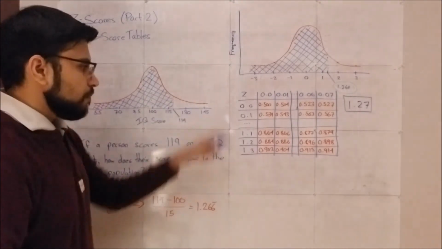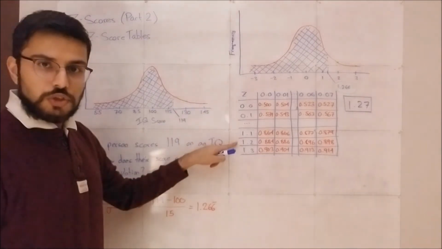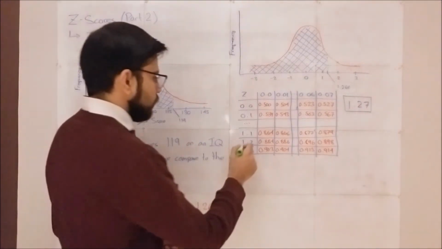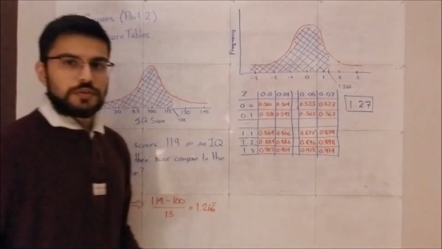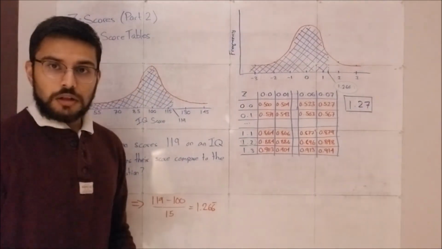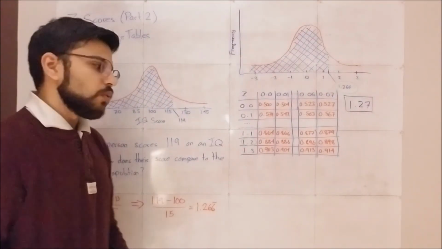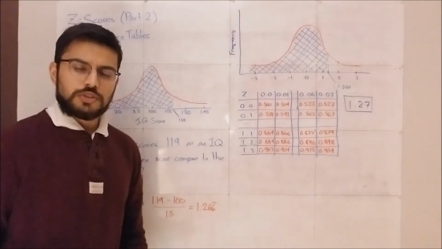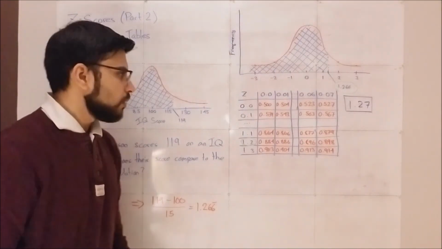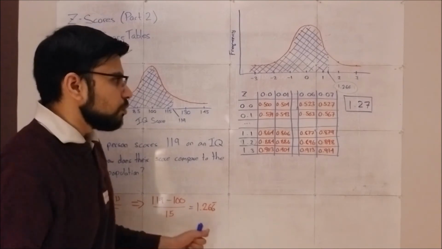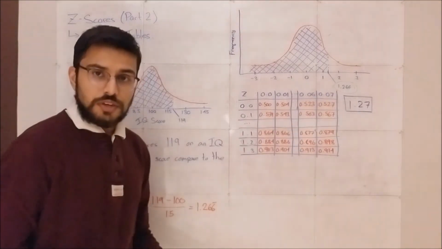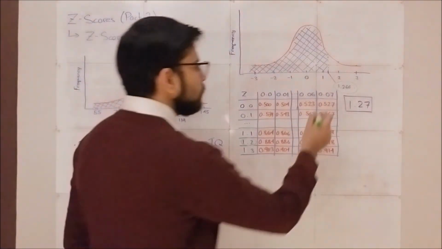So in one column, we can find 1.2. That's over there. And on the other column, we can find out whatever is remaining. So what plus 1.2 gives us 1.27? Well, 1.2 plus 0.07 will give us 1.27.